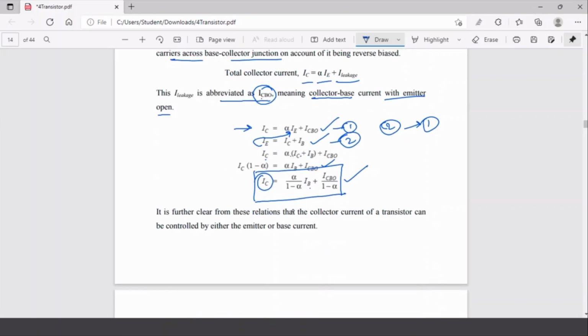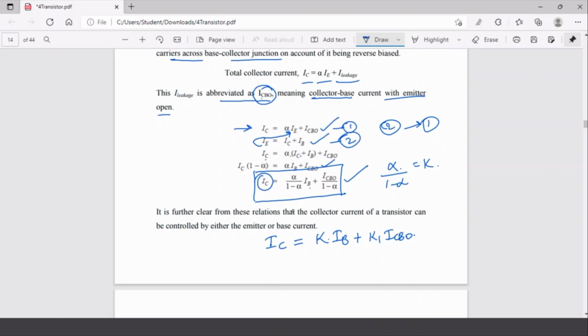So what can we comment from this? The collector current IC is equal to some constant, alpha by 1 minus alpha, because alpha for this transistor will be a constant. So I'm saying this is a constant K, so this will be K times IB, plus 1 by (1 minus alpha), another constant, let's say K1, multiplied by ICBO.